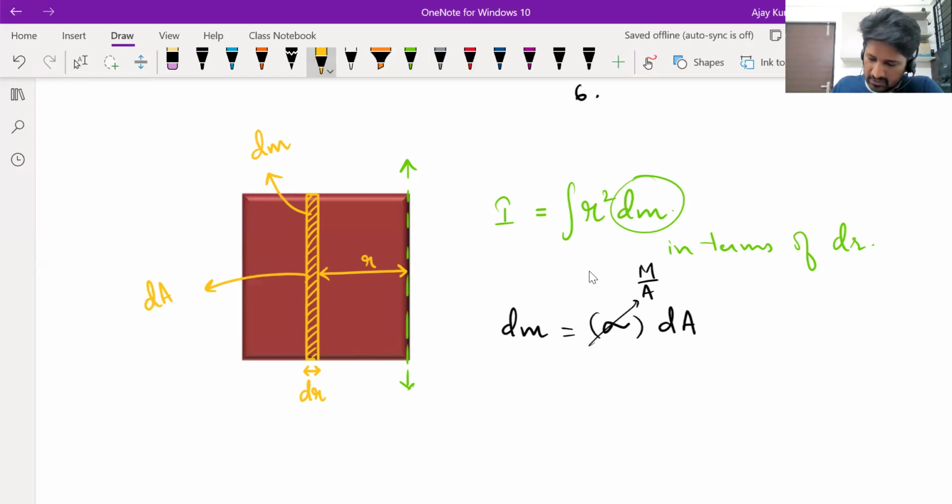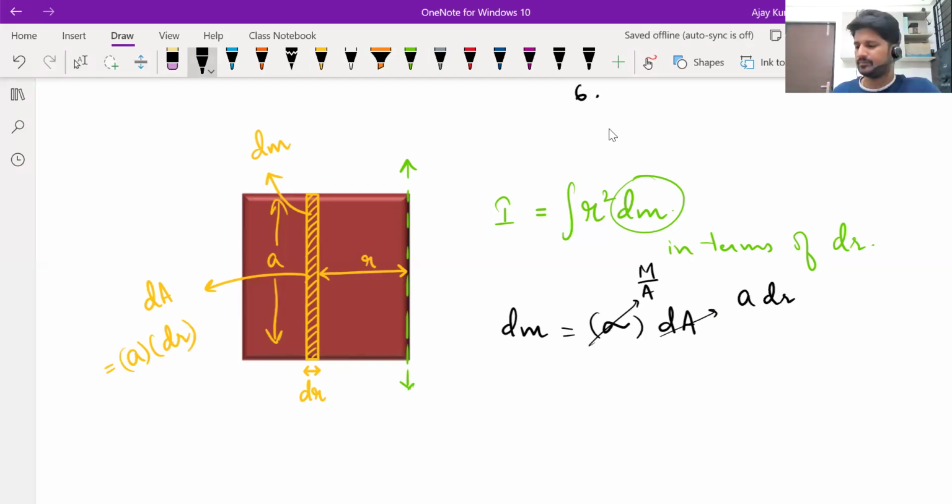Rectangle. Clearly a rectangle. And how do you express the area of a rectangle? Its length multiplied with the width. Now the total length of the rectangle is the side of the square itself, a, multiplied with its width dr. Therefore, the area can be written as a into dr. That's all. We got dm in terms of dr now.